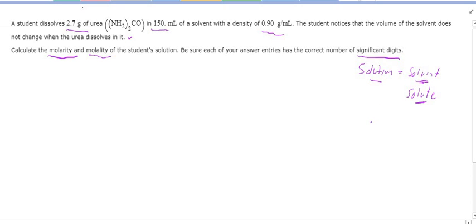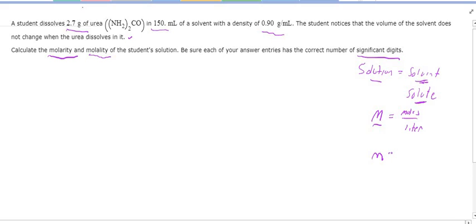So molarity, the big M, as you guys already know, equals moles per liter, and that's per liter of solution. The little m, not a big difference, but that's big M, this is little m.